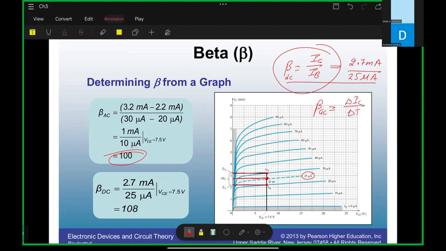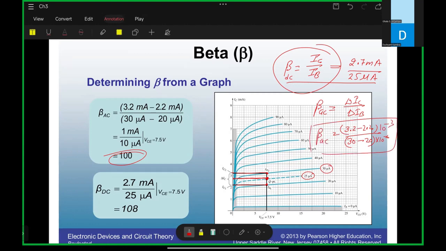So delta IC means change in collector current. That is 3.2, the above one, minus the below one, 2.2, divided by the change in base current. The first current is 30 microampere here and minus 20 microampere here, 10 raised to power minus 6, and that will be 10 raised to power minus 3. So that is your beta AC.